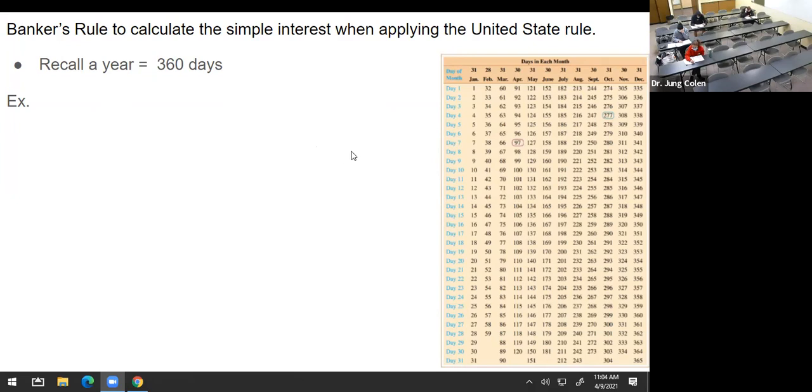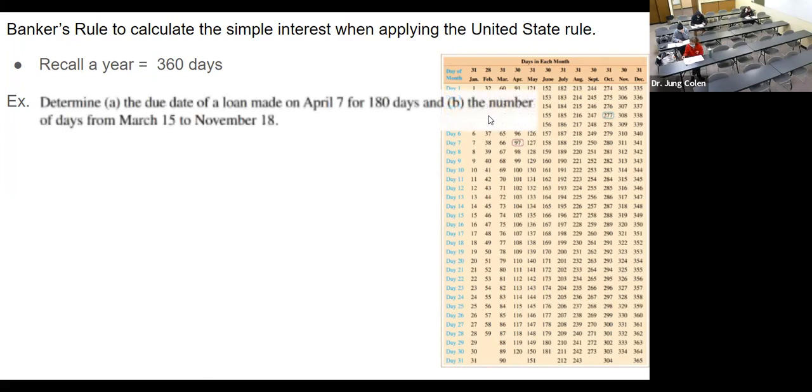Okay, so remember 1 year we said 360 days, and if you are given a problem here, let's determine. We need to learn how to read this first. So what we're going to do is count how many days there are in total out of 360 days.